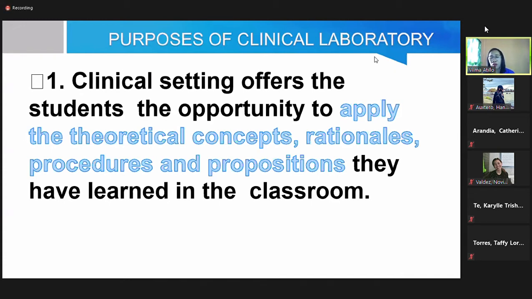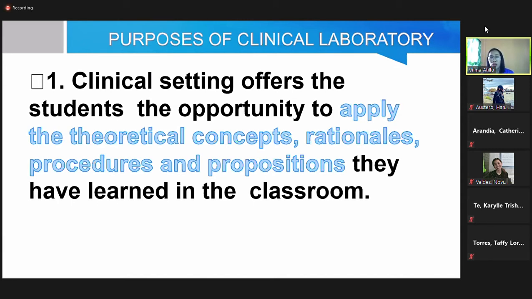If you notice, try to observe, if you are going to have your RLE in the ward, for example, you are taking Fundamentals now. You cannot go on duty without the Fundamentals. These are the things you have learned in the classroom that you will be applying as you go on with your duty in the clinical settings.